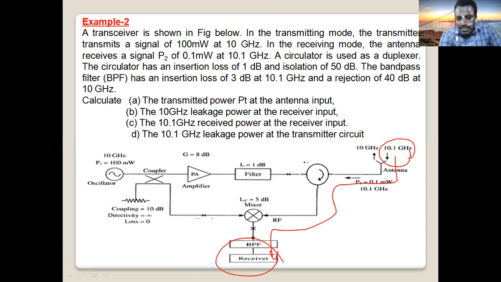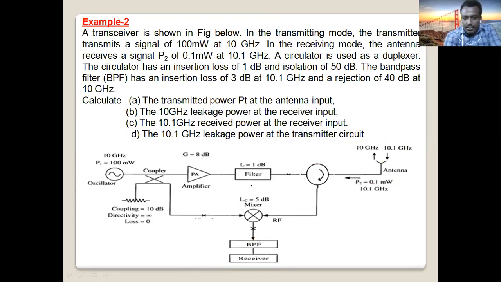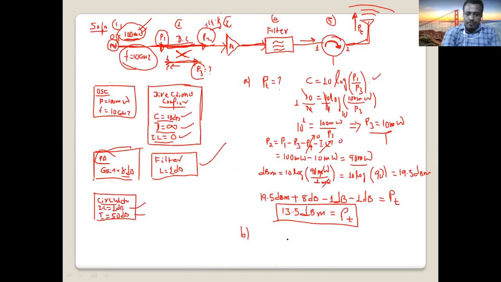Because it is a transceiver, we need to transmit and receive simultaneously. So what we need is that all the transmitter signal goes to the antenna only, and all received signal goes to the receiver only. This is what we need, but it's not always true. In practical cases, there is a leakage. So how much power leaks from transmitter to the receiver? That's the next question.